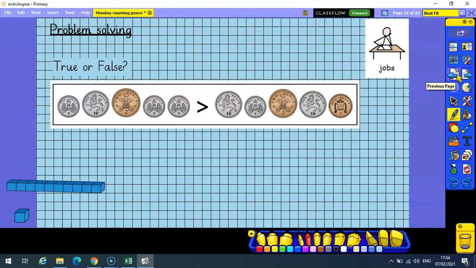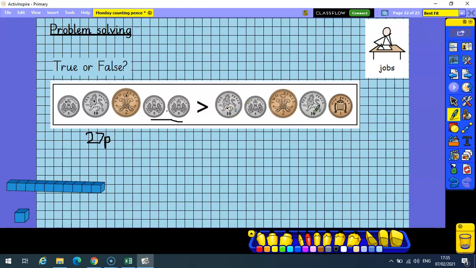Last challenge quickly, and then I want you to go and do your task. This says true or false. It's saying that this side is greater than this side. But is it true or false? Let's see. 10. Oh, wait, that's with 10, isn't it? So 10, 20, 25, 26, 27. 27 pence.